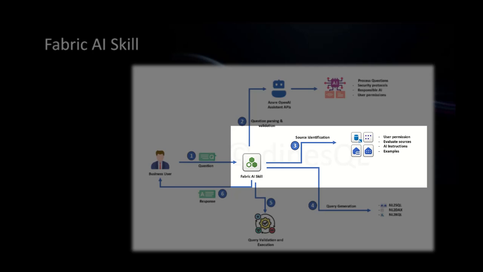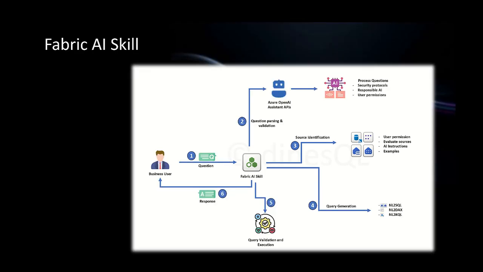You can say, okay, if there is a question like that, this is the sample query to be executed against the lakehouse or against the warehouse. So you can add more and more examples. That is one of the techniques we use for improving the accuracy of the response when it comes to conversational Q&A. So AI skills allows you to add examples.